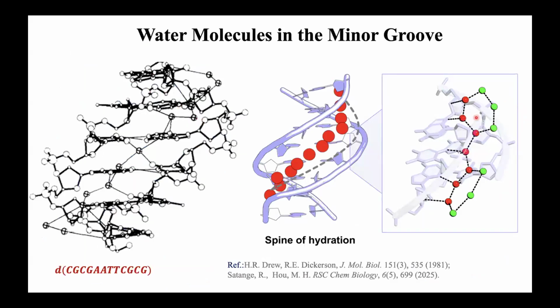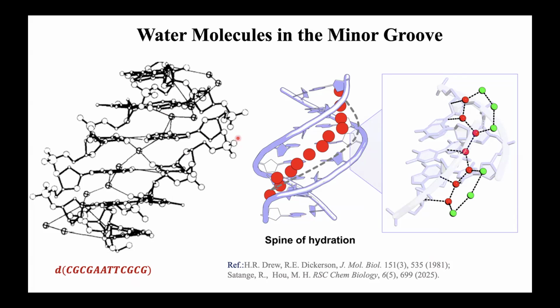The hydration spine was first observed by Drew and Dickerson when they carried out X-ray studies of the structure of a DNA fragment with the following sequence, which is now known as the Drew-Dickerson dodecamer. This figure I took from their original work from 1981.